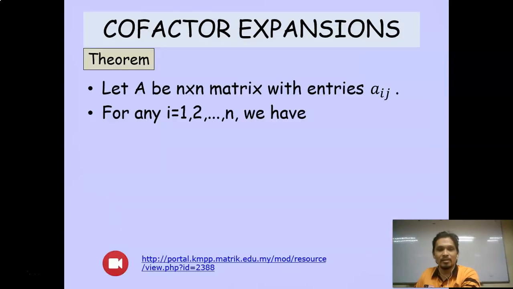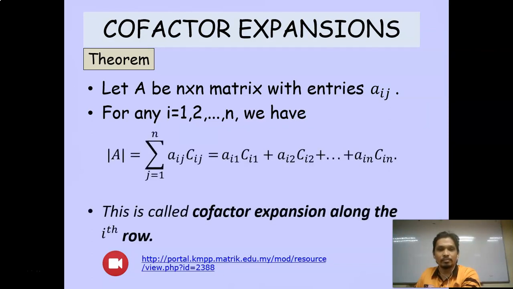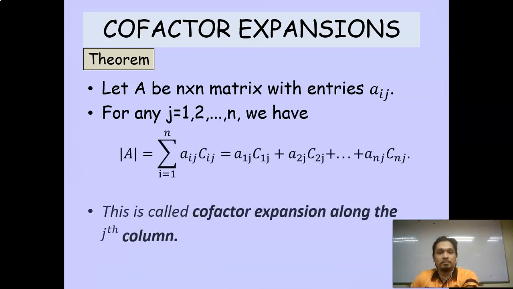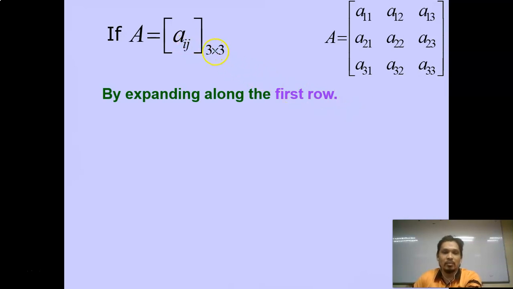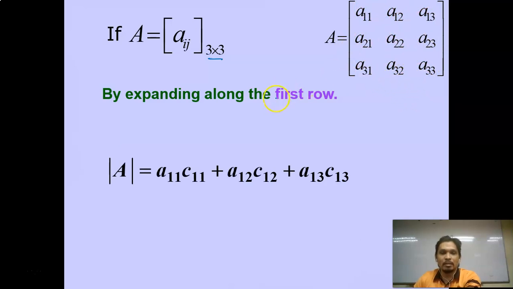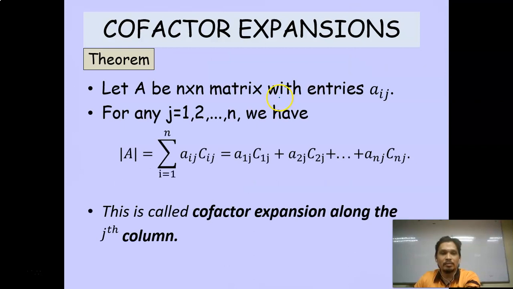Conclusion. So to find the minor and cofactor, and now cofactor expansion. We also call it the cofactor expansion along the jth column. Now, if A equal to the matrix Aij of size 3 times 3, 3 rows and 3 columns, then for this one, cofactor expansion is used to find the determinant.